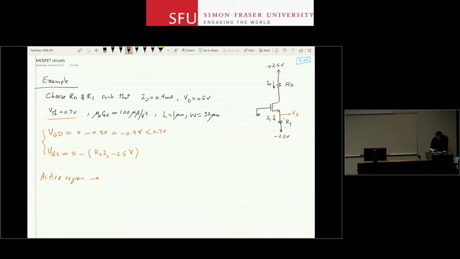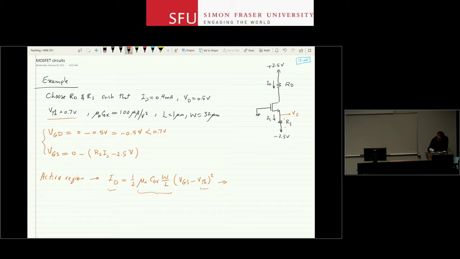And if that's the case, then ID or IS is equal to half mu N C oxide W over L times VGS minus VTH squared. Okay? So I have these device parameters. I know VTH and I know ID. The only thing remaining is to figure out VGS from this equation.